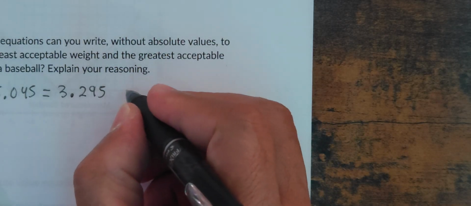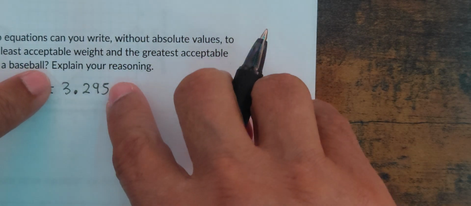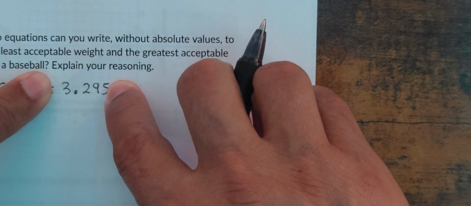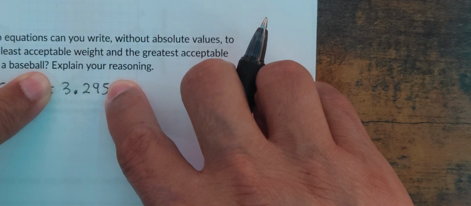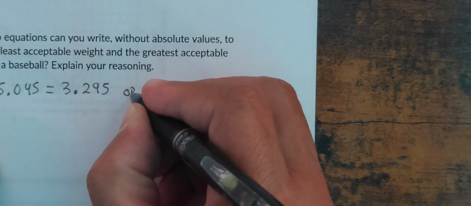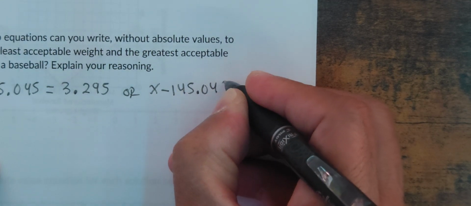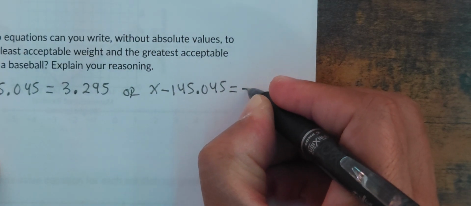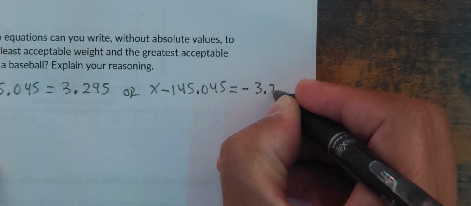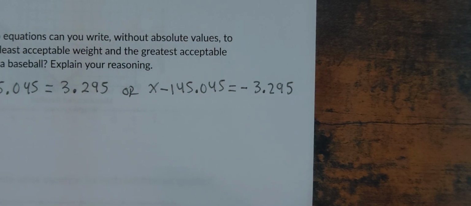Okay, the other, let me review. Don't forget, what is the opposite of 3.295? Negative, just change the sign. Very good. So then the other is x minus 145.045 is equal to negative 3.295. This part you all know how to do.